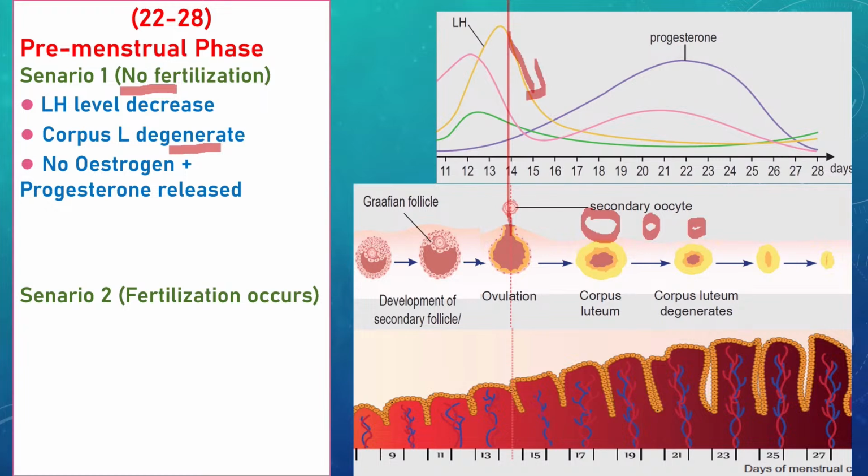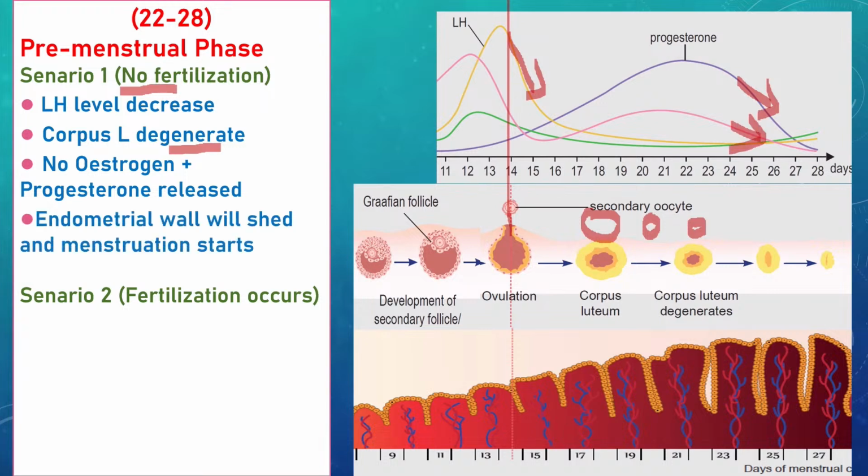So progesterone and estrogen levels start to drop. What happened when estrogen and progesterone levels drop? The endometrial wall will start to break down and shed. So this is going to be the beginning of the next menstruation stage. This is if there's no fertilization.